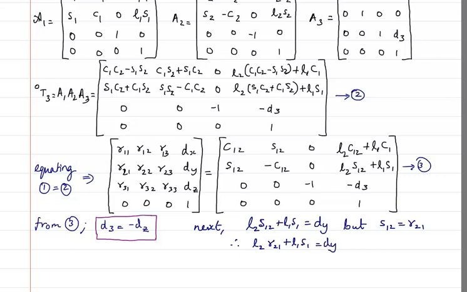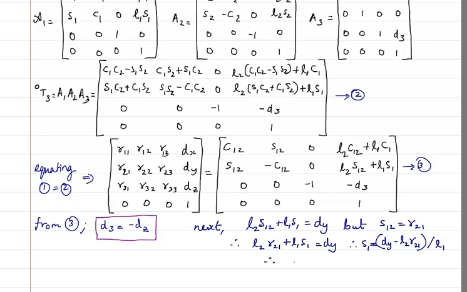Now here dy is given, L1 is link length given, L2 is link length given, R21 is also given, only S1 is remaining. Therefore I can directly say S1 is equal to dy minus L2 R21, which I'll put in a bracket, divided by L1. So this is the value of S1.